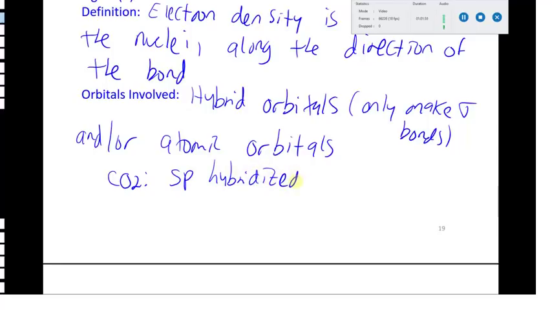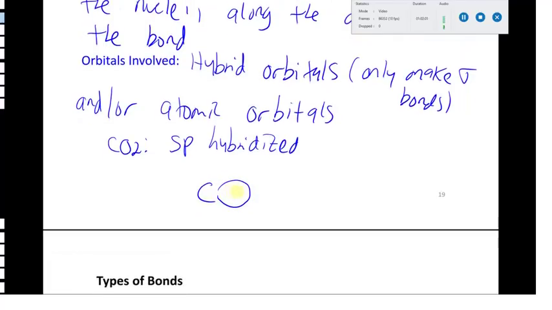And so the sigma bonds are going to be carbon, which has an sp orbital, and it's going to overlap with oxygen, which has either a hybrid orbital or atomic orbital. And again, these are that same type of picture we showed before, where the orbitals overlap right in between the two, along the direction of the bond.